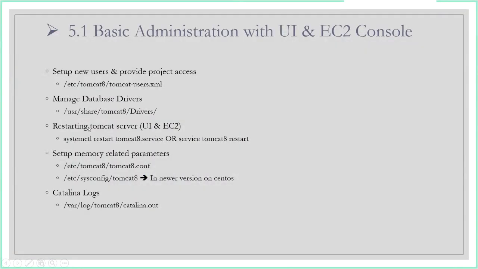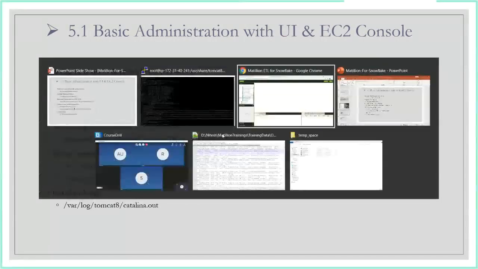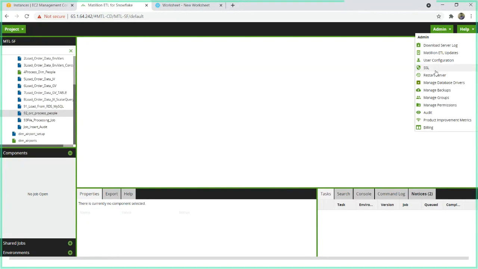Importantly, restarting the tomcat server, or the Matillion server. We also have an option from here to restart the server. When we say we are restarting the server, we are restarting the tomcat service, because that is the application server.